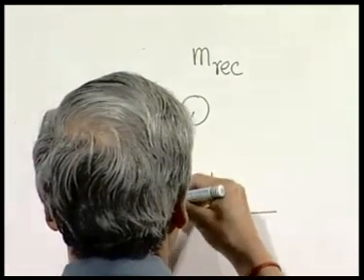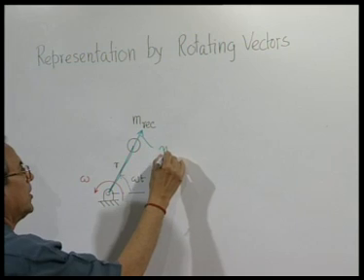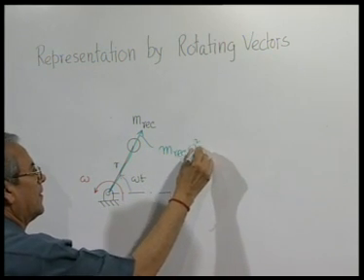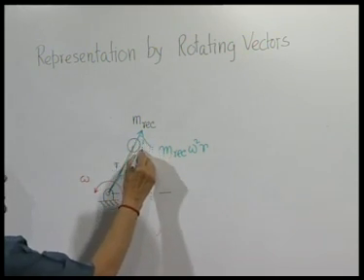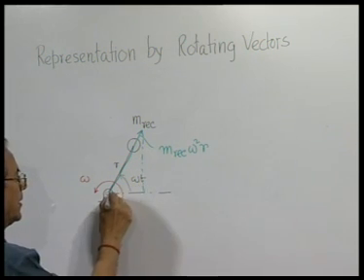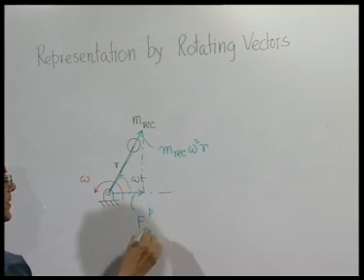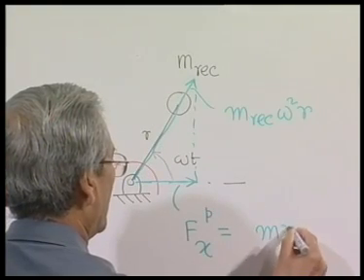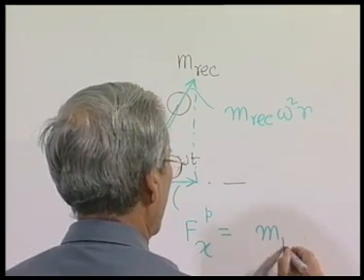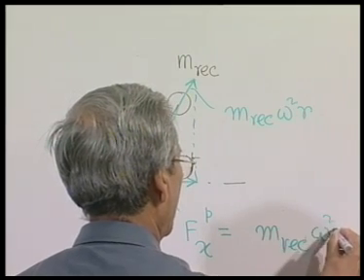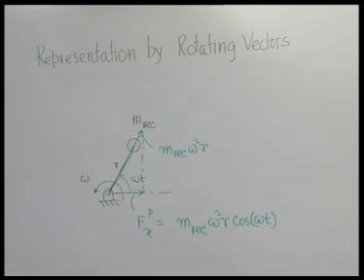So, then this rotating mass will produce an inertia force, and its component along the x direction, if we call it primary, will be equal to the following.